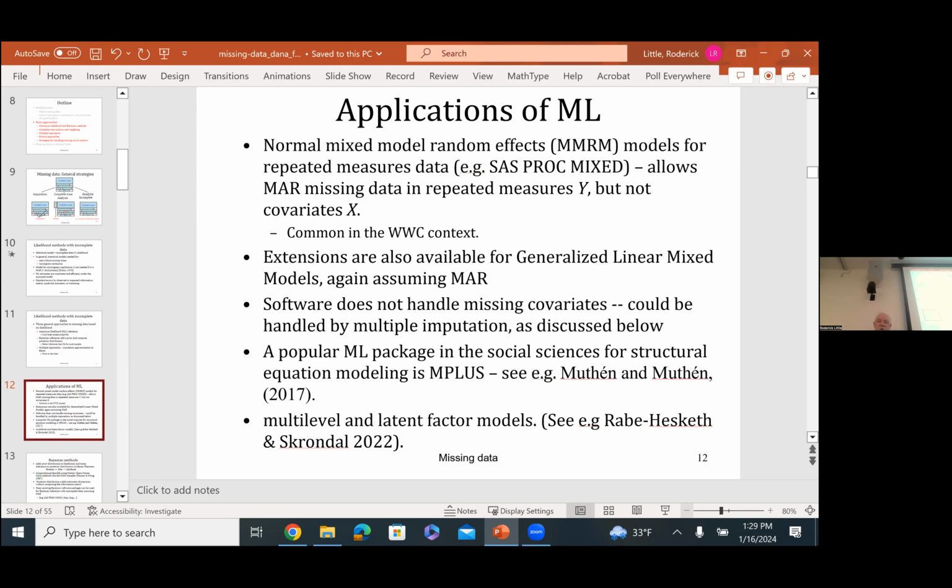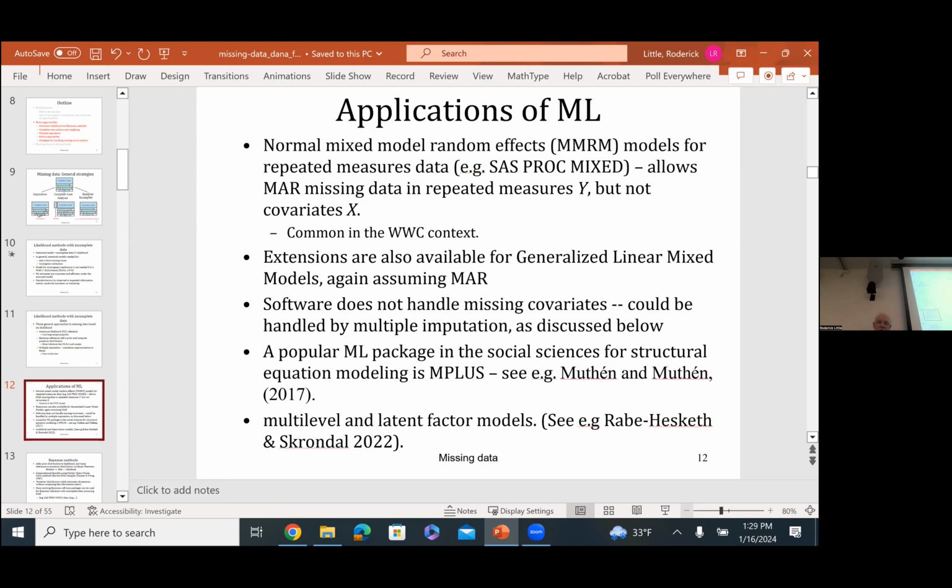So maximum likelihood is used in a clinical trial setting quite a lot for mixed model random effects, MMRM type models for longitudinal data, using programs like SAS PROC MIXED, and there are also methods for non-normal data as well.